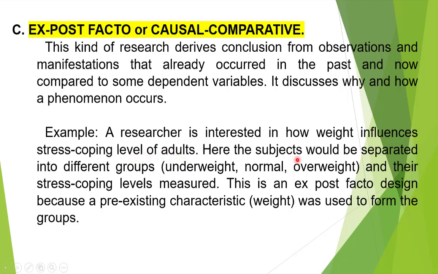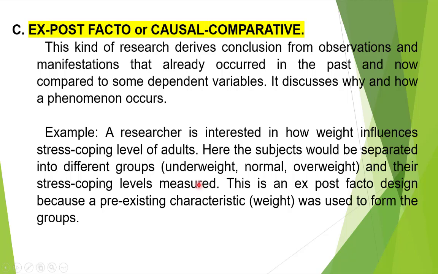Here, the subjects would be separated into different groups according to their weight, the underweight, normal, and overweight, and their stress levels measured. So this is an example of ex post facto because there is a pre-existing characteristic, which refers to the different weights, and it was used to check the stress level of the respondents or the adults.